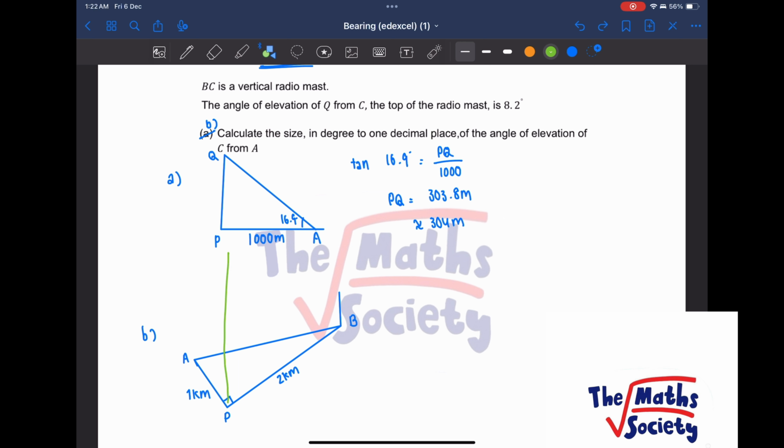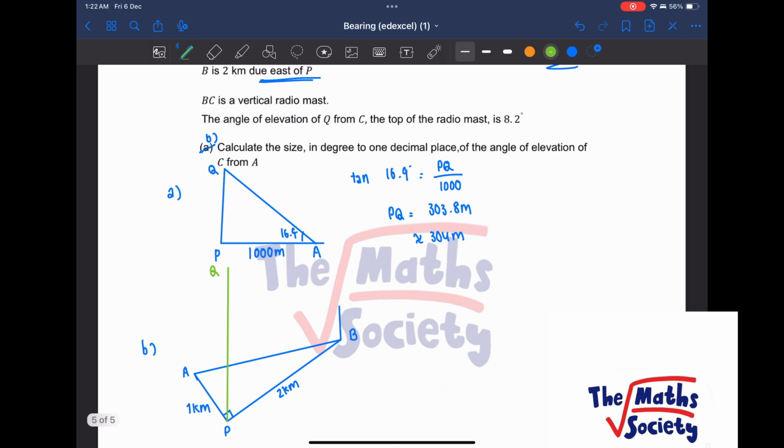And this is PQ. And then from B, BC, it has to be C. This one is going to be C. The angle of elevation of Q from C, on the top of the radio mast, is 8.2.